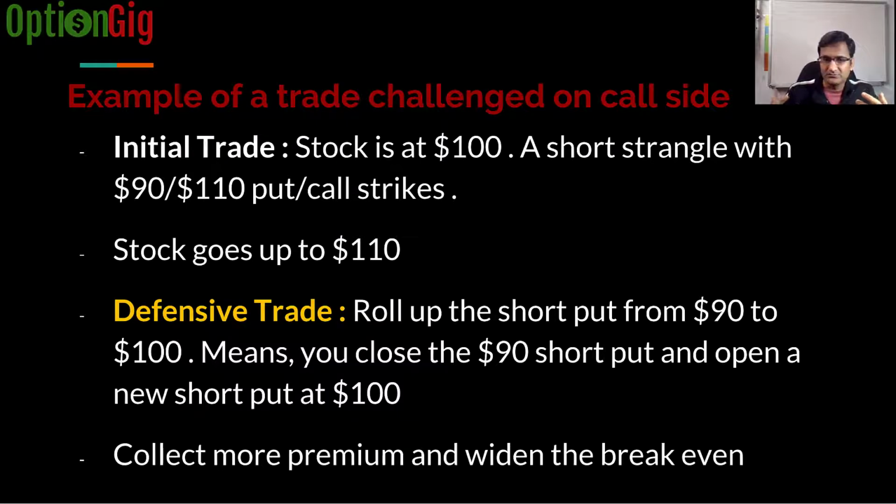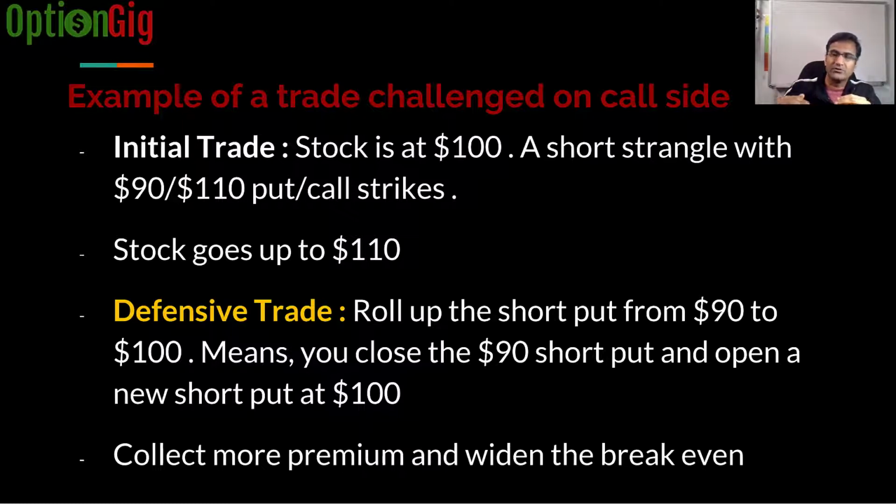So that's the crux of how you can manage, or how you can do a defensive trade in case your strangle is being challenged. Again, a quick summary: if you have a strangle, it means you have a short put, short call. If stock moves down and starts to challenge your put, then you should roll the calls down, bring it closer to where the stock is.